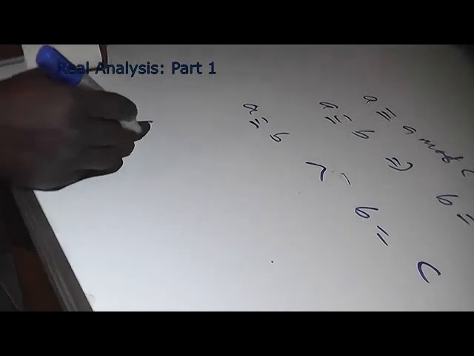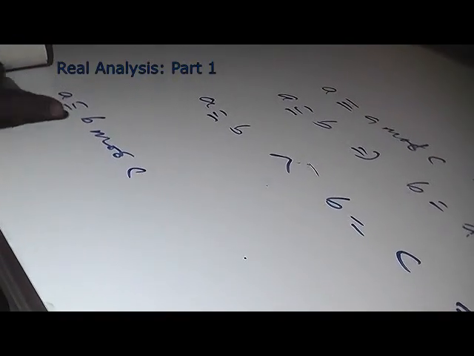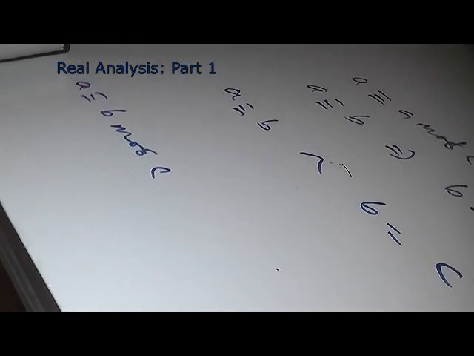Now, if we assume that A is congruent to B modulo C, we want to check whether B is congruent to A modulo C. This means A minus B over C belongs to the set of integers.